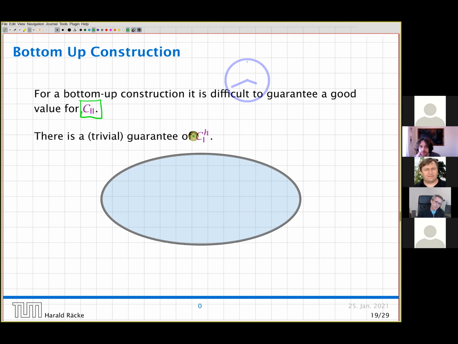But if I only use property 1, I already get a very weak guarantee for this value of C2, namely C1 to the H. And why is this? What do I know? C2 asks how well can I route on the boundary.